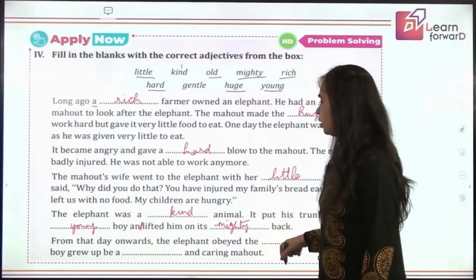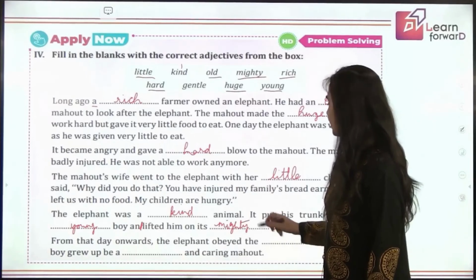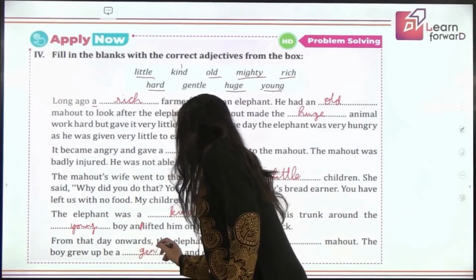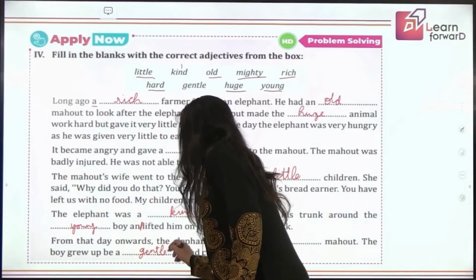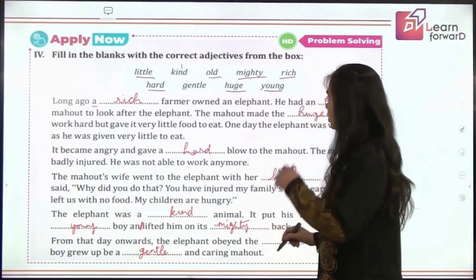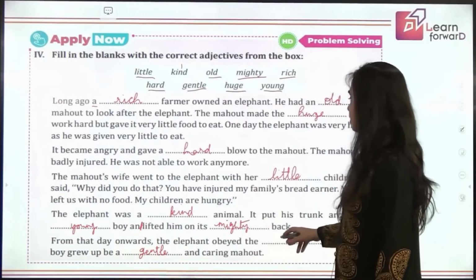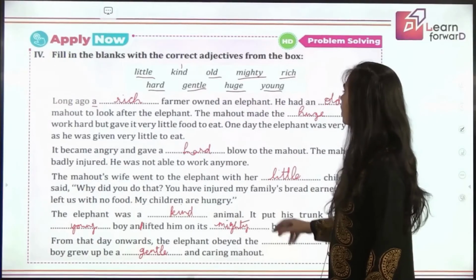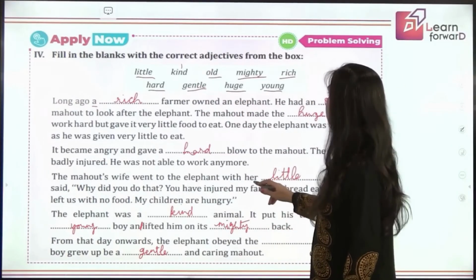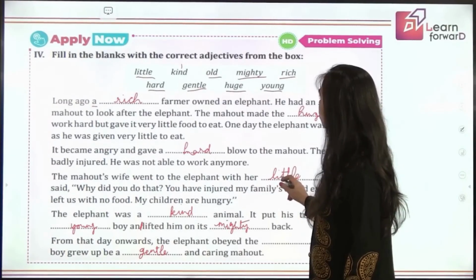The boy grew up to be a gentle and caring one. Because the elephant helped him out, the boy grew up and he became a gentle and caring mahout. So we are left with obeyed the little mahout, okay, with her young children, old.